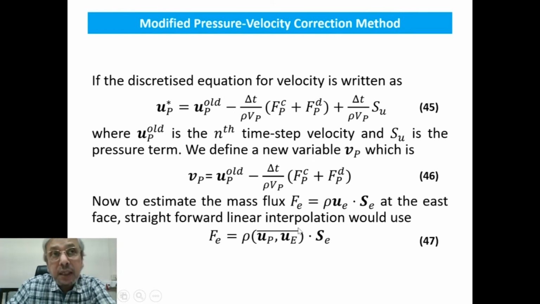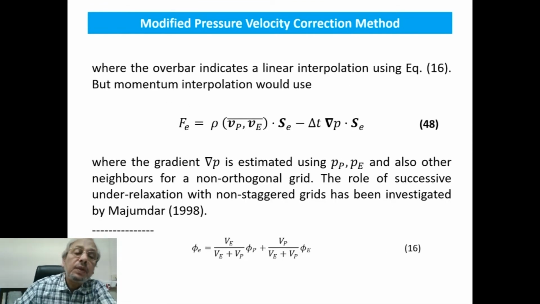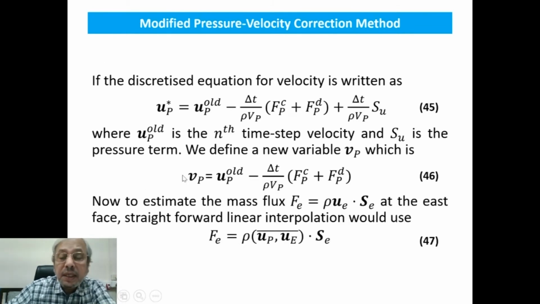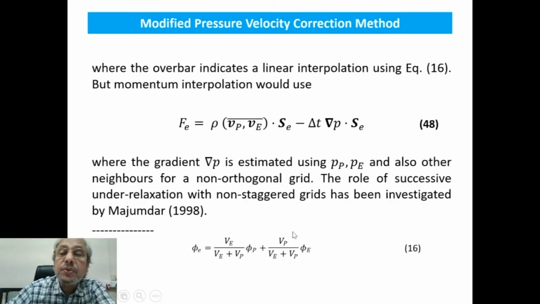We have already discussed this in our first and second lectures, and we mention it here again. This is given by equation 47, where the overbar indicates linear interpolation, which we used as equation 16.